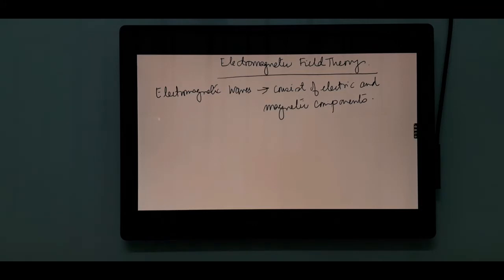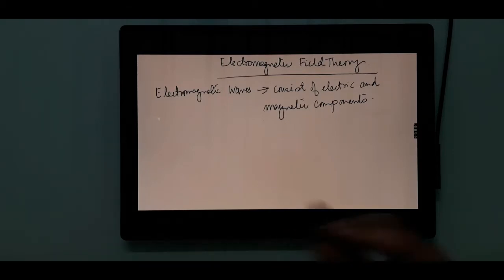Light is something we can see through our eyes. But then again, these electric and magnetic components are not visible to our eye. Moreover, light is just one example of the electromagnetic wave. There are several different types.